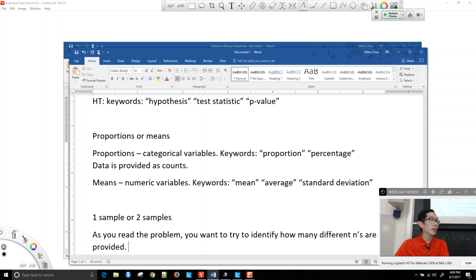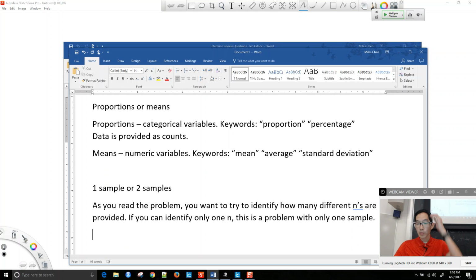Okay? If you can identify only one n, then this is a problem with only one sample. Okay? Because for a problem to have two samples, you need to have an N1 and an N2.